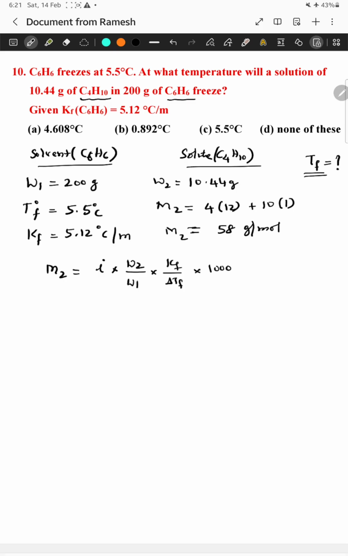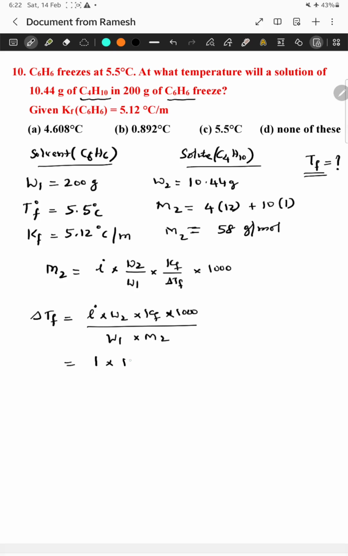Now using this, first you find delta Tf. After rearranging the formula, delta Tf is equal to i into W2 into Kf into 1000 divided by W1 into M2. Now you substitute the values. The solute is an unknown hydrocarbon, so the Van 't Hoff factor will be 1.